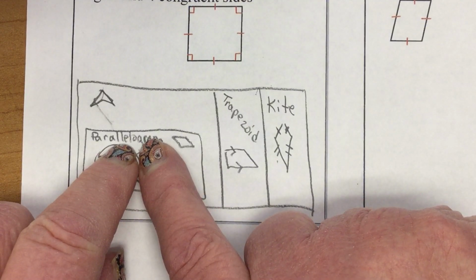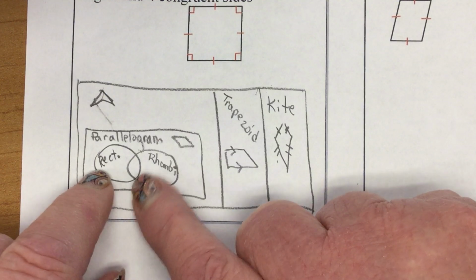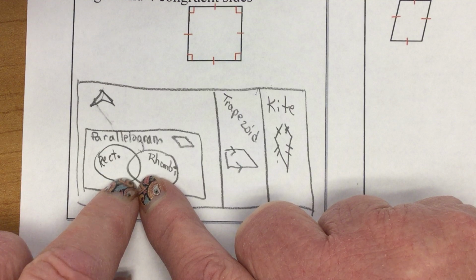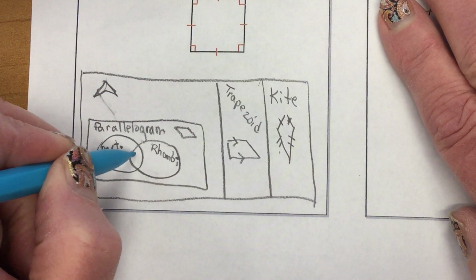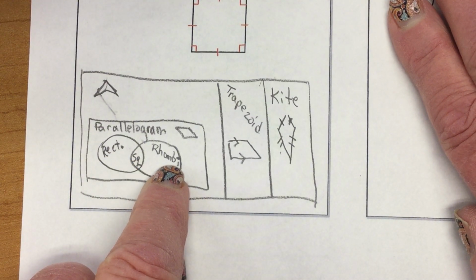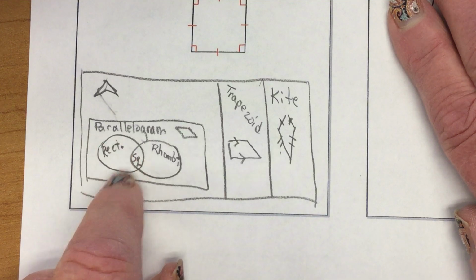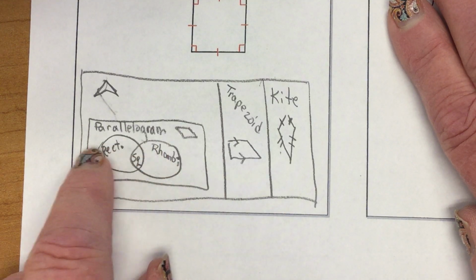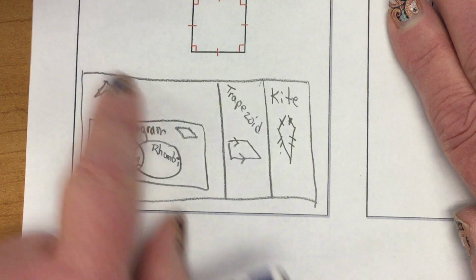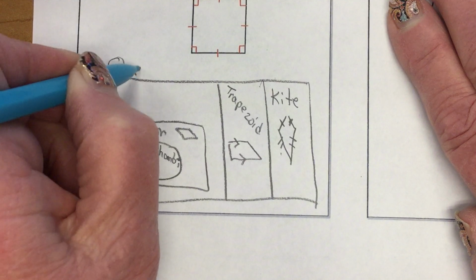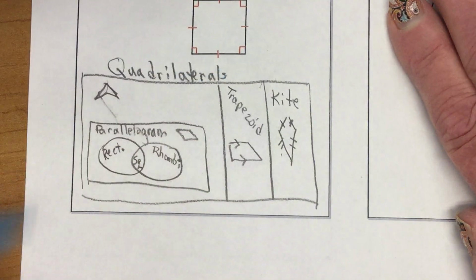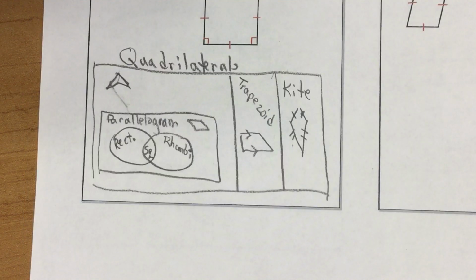Rhombuses are parallelograms. But if a rectangle has four sides the same, it's called a square. If a rhombus has four right angles, it's called a square. So a square is a rhombus, a square is a rectangle. But a square is a parallelogram, and all of these are quadrilaterals. So that's all the quadrilaterals in the world.